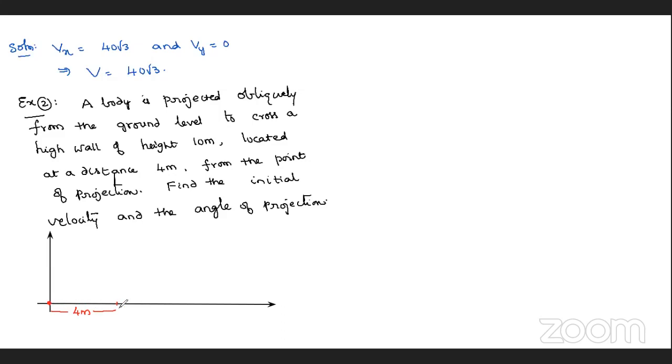Yes, understood. Now X is 4. Previously you posted that it is 8. Now you came to that point. Good. And here we are assuming there is a high wall of height 10 meters.